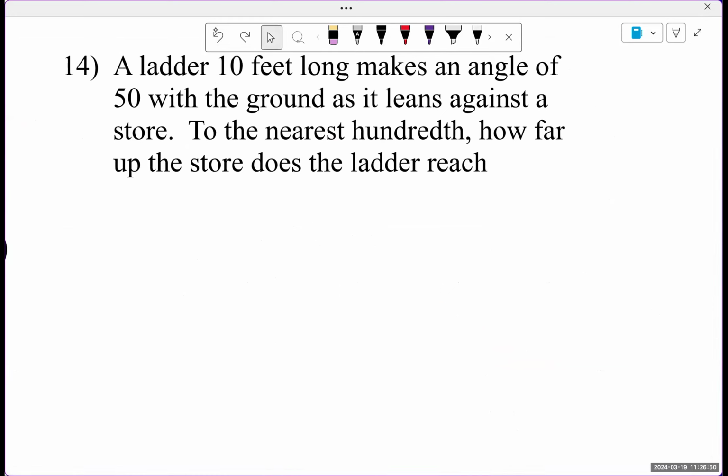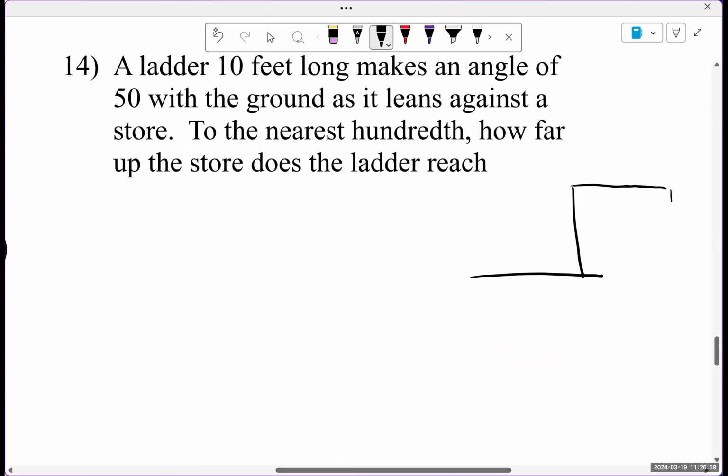Now, here is an example where we're actually going to have a hypotenuse. Here's a store. A ladder is 10 feet long. It leans against a wall of a store with an angle of 50.